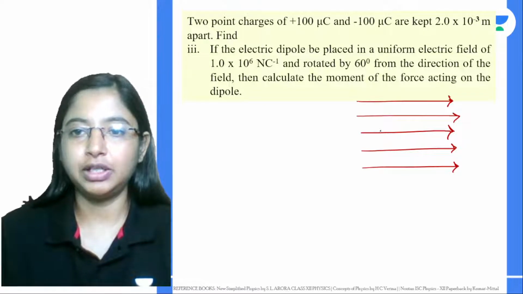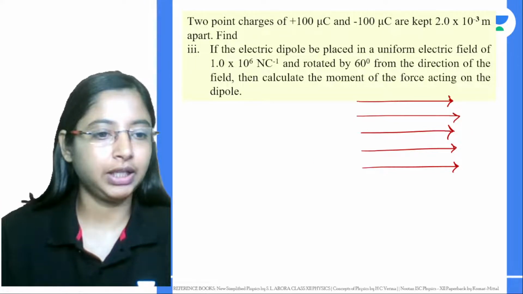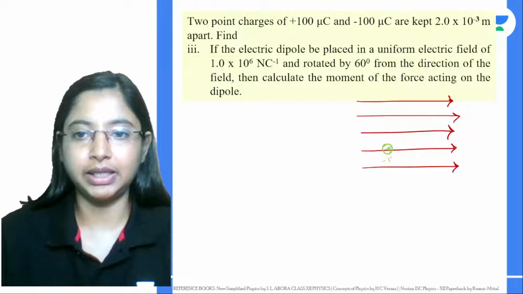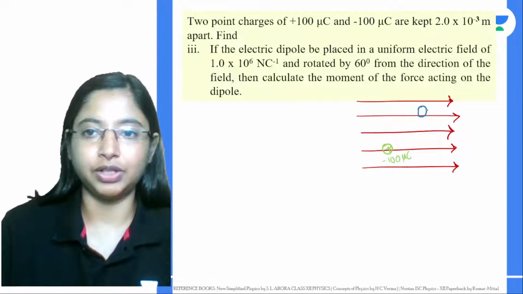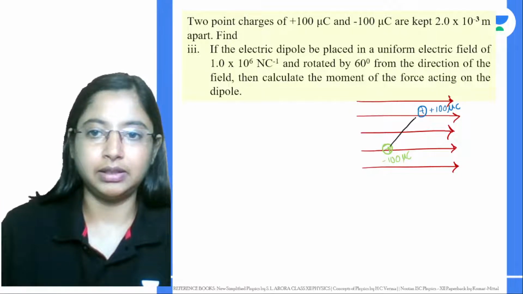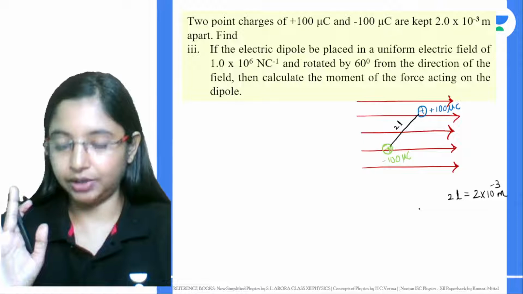In such a case, take the previous dipole: this is the negative charge, around minus 100 microcoulombs, and this is the positive charge, plus 100 microcoulombs. The separation between them, 2L, is given as 2 into 10 to the power of minus 3 meters. All of these values are given.